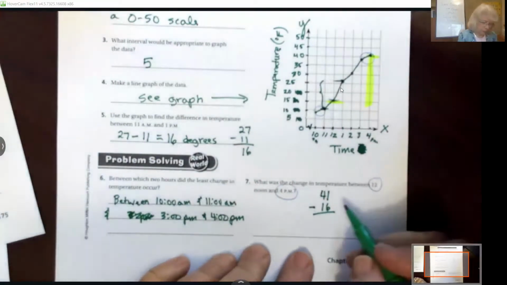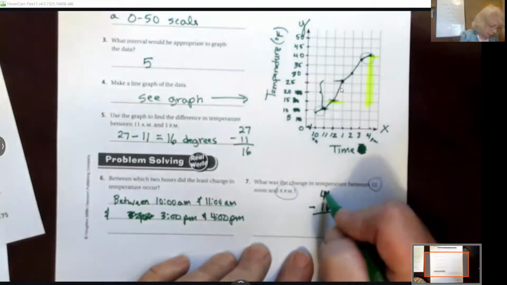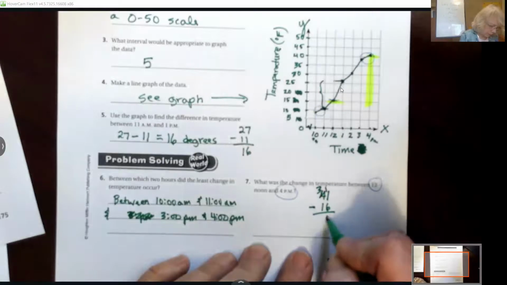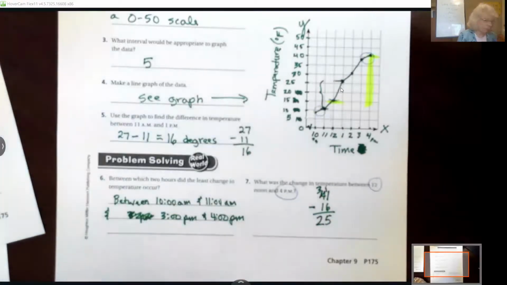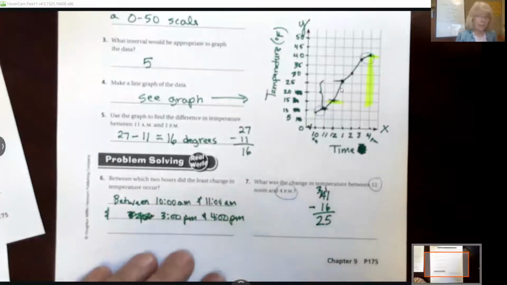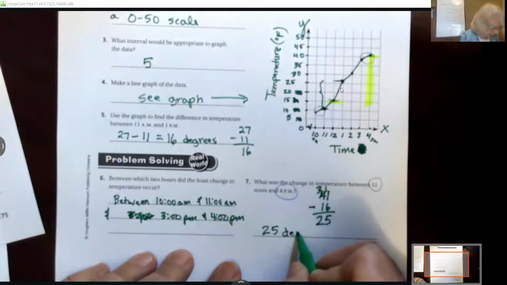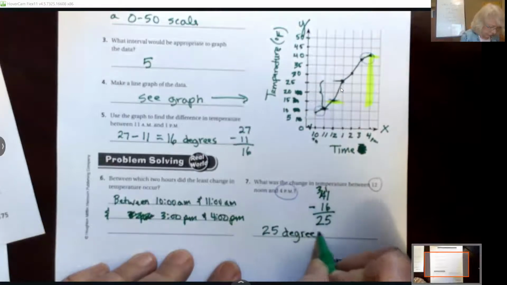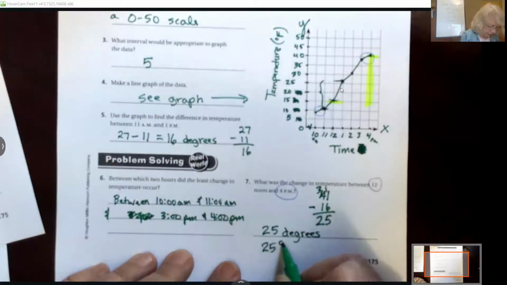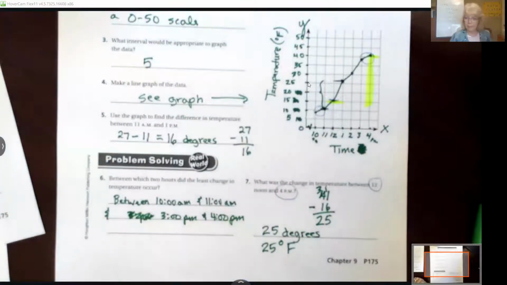And we do have to do a little regrouping to do this. So we're going to go next door and borrow 1, and we end up with 25. And it's 25 what? Say it out loud. Yes, degrees. 25 degrees. You could write it that way, or you could write degrees Fahrenheit like that.